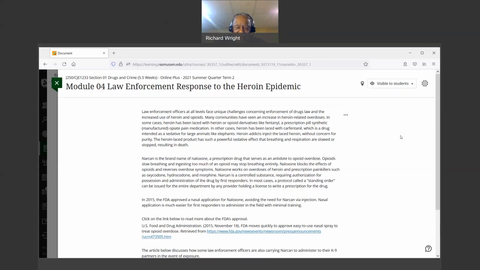Naloxone, which is a form of Narcan, blocks the effects of opioids and reverses the symptoms. And it's a controlled substance that requires authorization for possession and administration of the drug by first responders. And there are two ways they can inject it into the body, and then there's now a nasal one that is used to try to save lives.